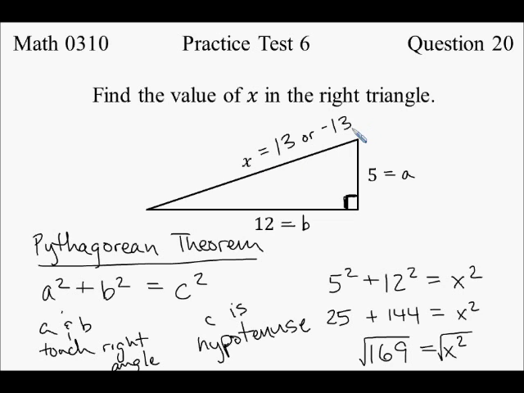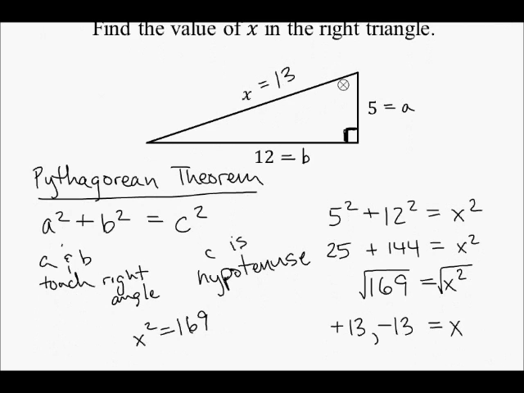If we say x is negative 13 units long, whether it's inches or feet or whatever, it doesn't make any sense because this is a physical distance here. We can't have a length of negative 13. So really, our answer should just be the positive case. x should be a positive 13. That makes sense. It could be 13 units long. So here we say that x equals 13, and that is answer choice A.